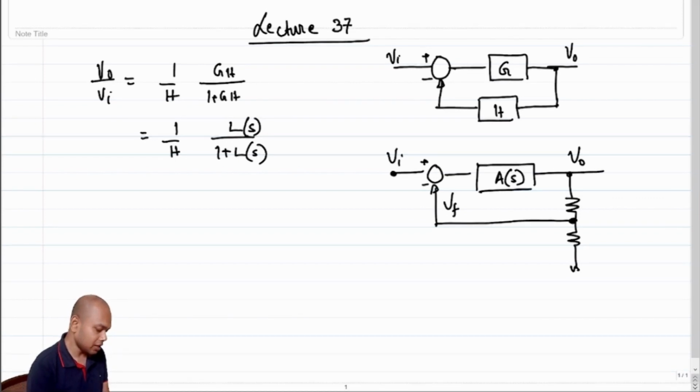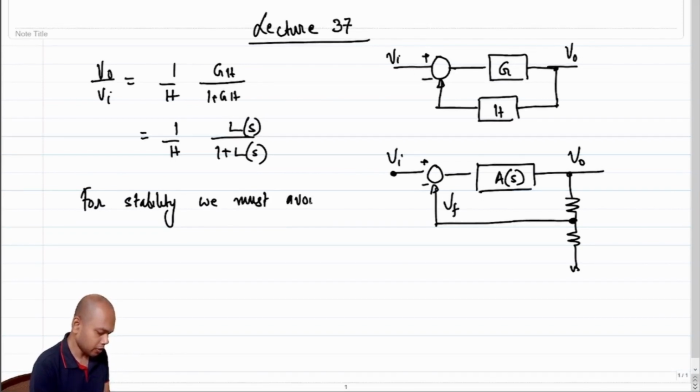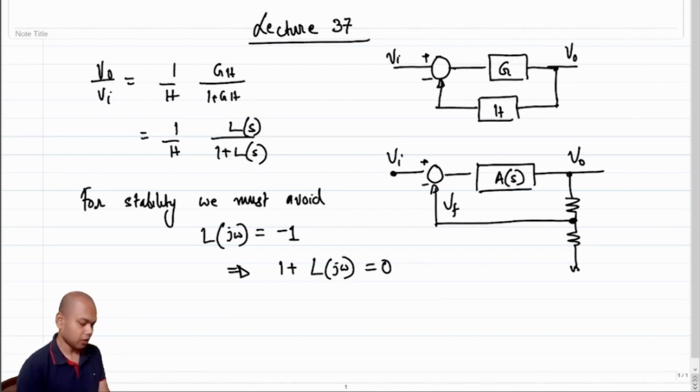So what was the condition that we wanted to avoid? For stability, we must avoid L of j omega equal to minus 1, or in other words, we need to avoid 1 plus L of j omega equal to 0.